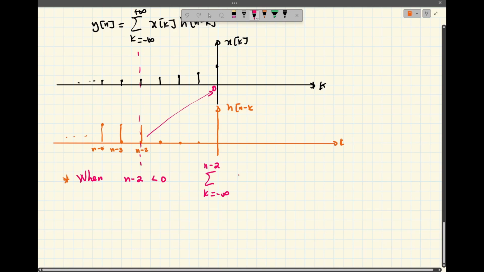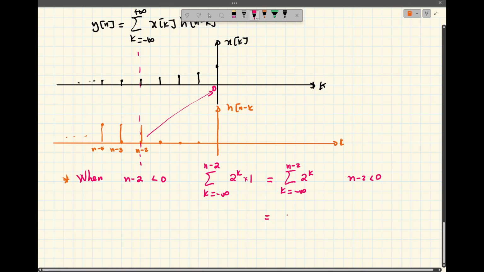So we have x, which is 2 to the k, and h is 1, times 1. So that is the sum over k from negative infinity to n minus 2 of 2 to the k, where n minus 2 is less than 0.